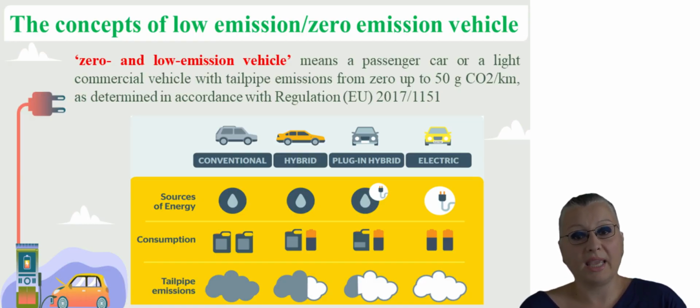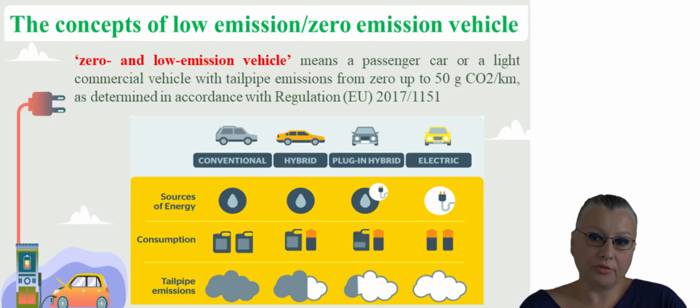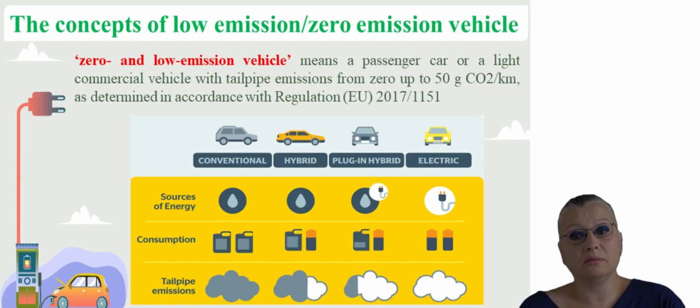So, we can see that a low emission vehicle is a vehicle that has from 1 to 50 grams of CO2 per kilometer. In this picture, we can see that a conventional vehicle has probably more than 50 grams of CO2 per kilometer. A hybrid car has fewer. A plug-in hybrid car and an electrical car can be considered zero and low emission vehicles.